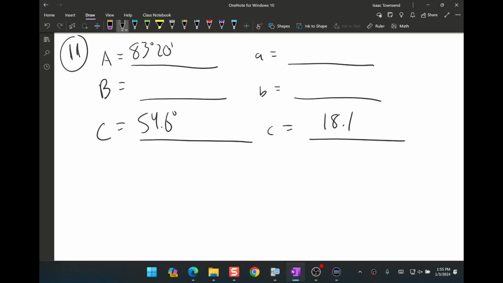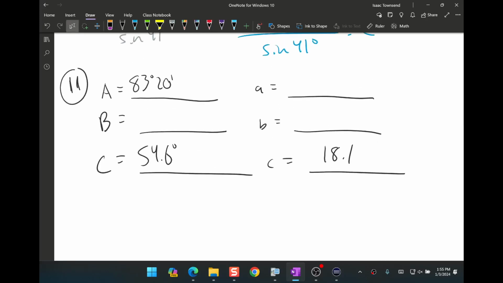Okay, I suspect one of the problems you may have, especially since it's been break and you're wrestling with all this stuff, is that number 11 is the first one that throws degrees and minutes at you again. So you have to remember that 83 degrees, 20 minutes is the same thing as 83 full degrees, and a minute is a 60th of a degree.